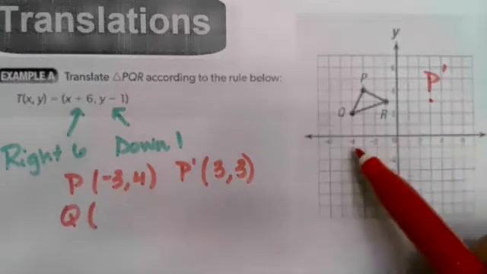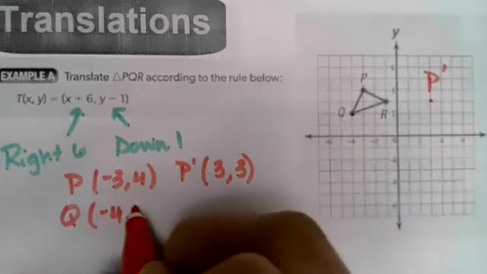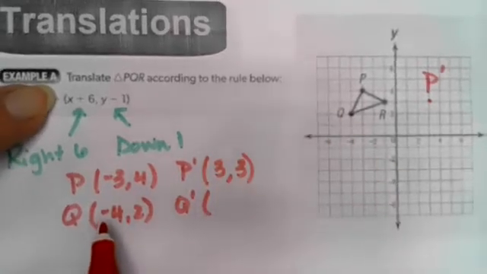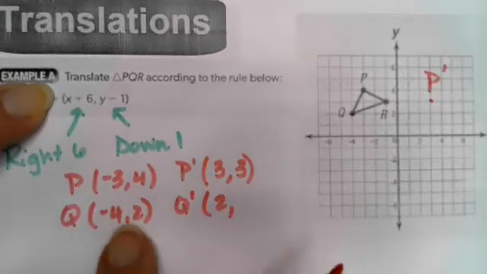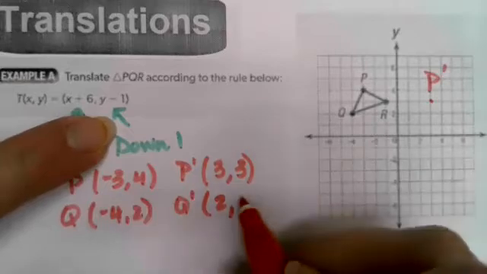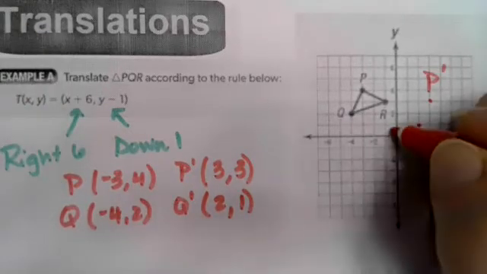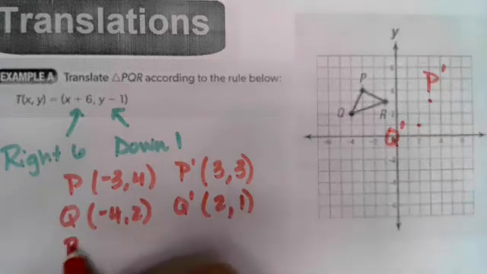My Q point is -4, 2. So for my Q prime, I have -4 plus 6, that'll be a +2. I have a 2 minus 1, which will be 1. So I have the point 2, 1 for my Q prime.